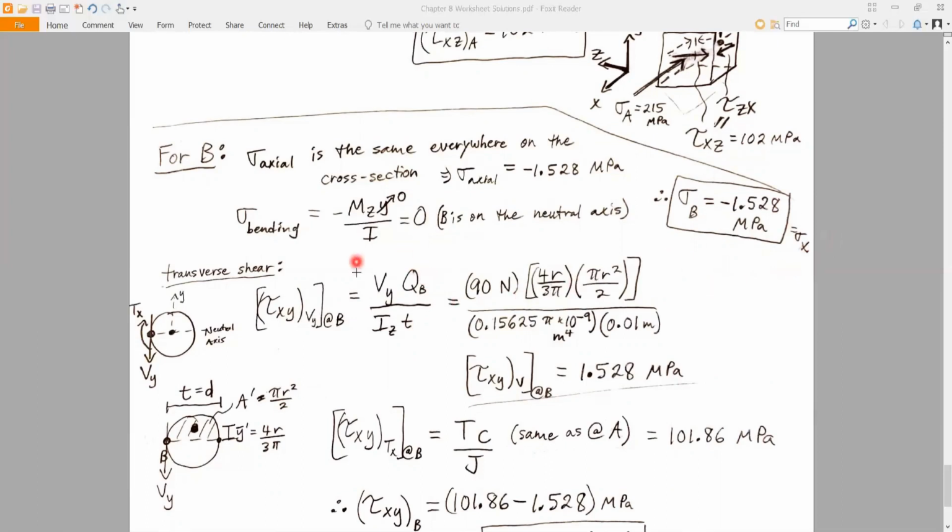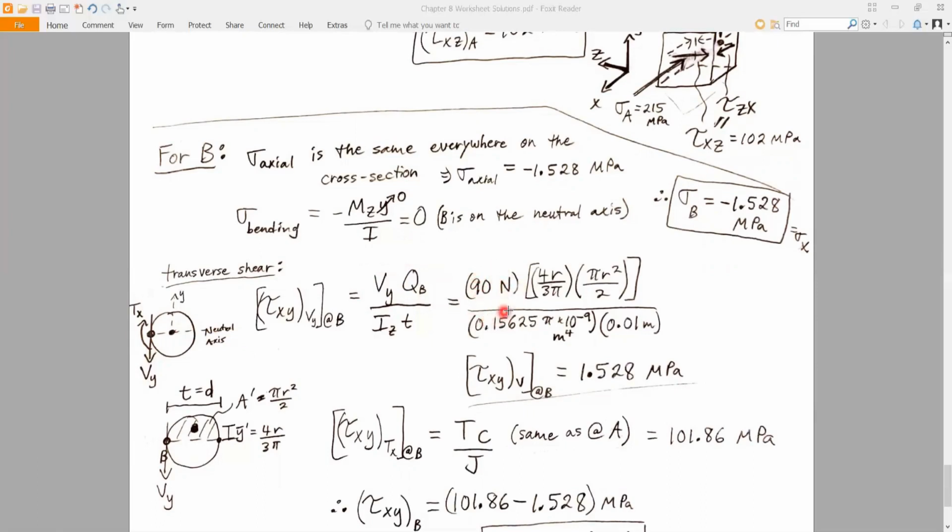All right, now for our shear, a little more complicated than the last one. We are actually going to have a transverse shear here. When we're on our neutral axis, we're going to have a maximum transverse shear, as long as that transverse shear is in the perpendicular direction to that neutral axis. Right? Our shear formula VQ over IT, V we found from our internal resultant.